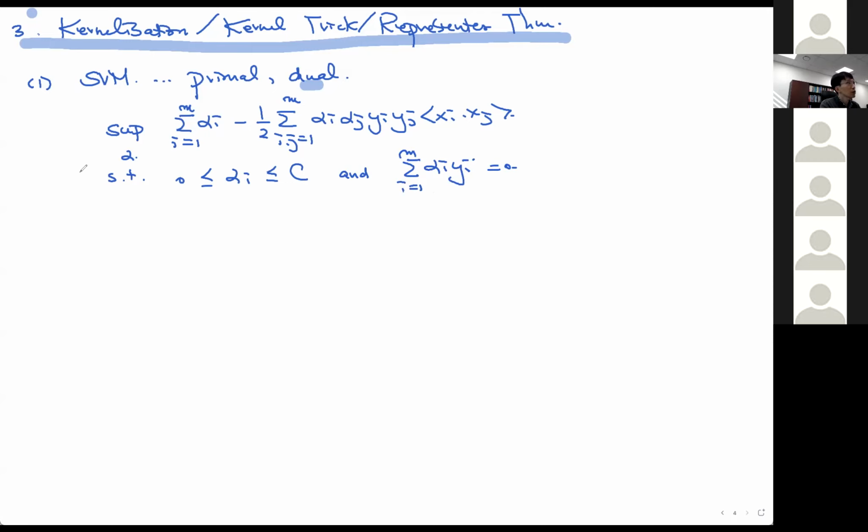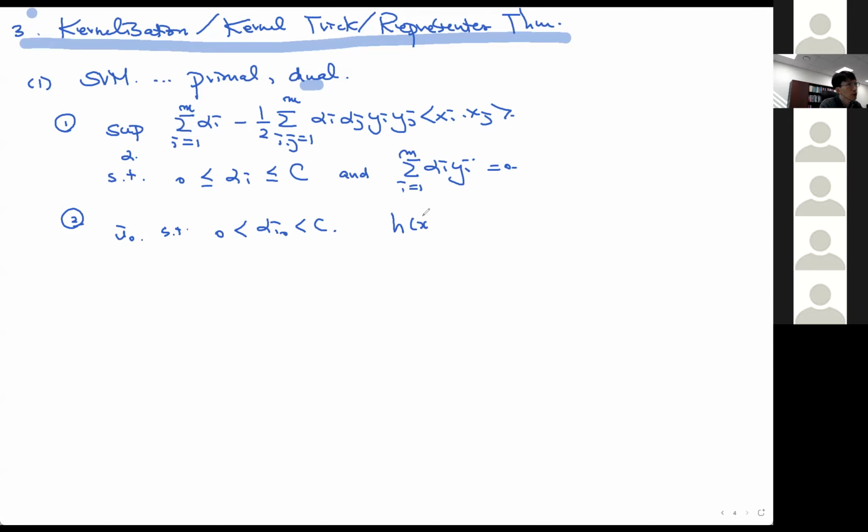Okay. And then we said, this optimization problem has a maximum because it's bounded and continuous. Once we solve it, if we can find some i_0 such that the corresponding alpha_i0 is between 0 and C, then the classifier that we can learn from here is of the following form.